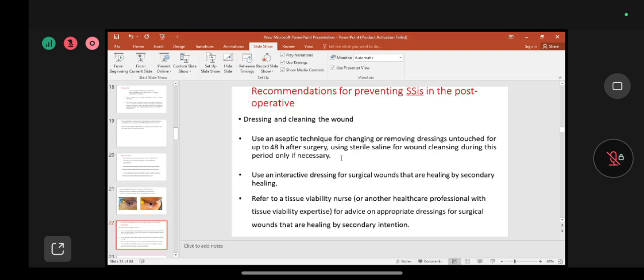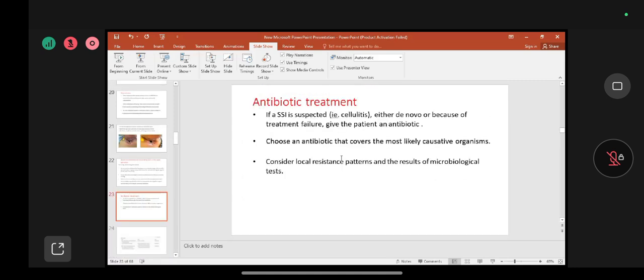And we can use an interactive dressing for surgical wounds healing by secondary intention. Refer to a tissue viability nurse or another healthcare professional with tissue viability expertise for advice on appropriate dressing for surgical wounds healing by secondary intention.